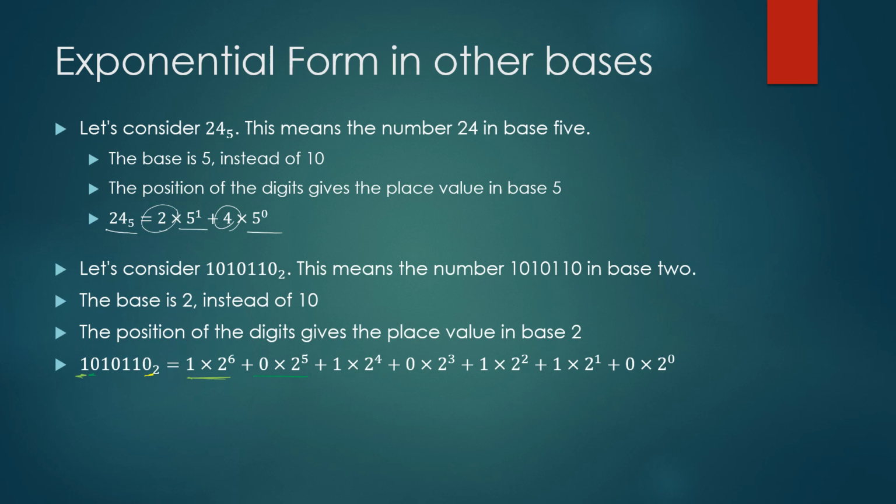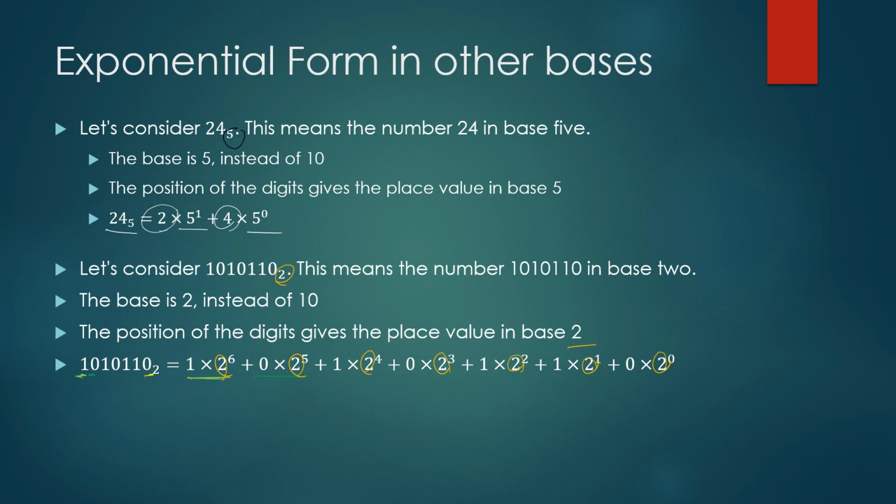Note that it's not different than base 10 in terms of writing. The difference is simply the fact that this base is different. This base is base 2, and we know that because it's right here. Same thing in the case of the first example.